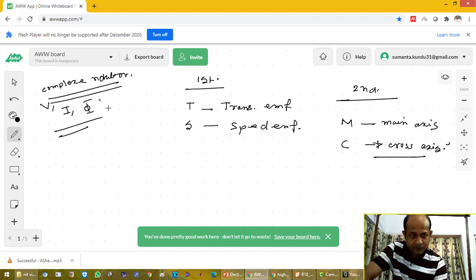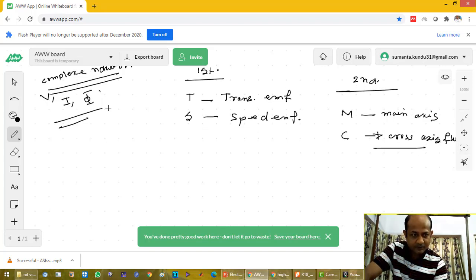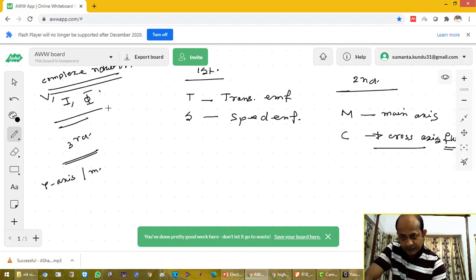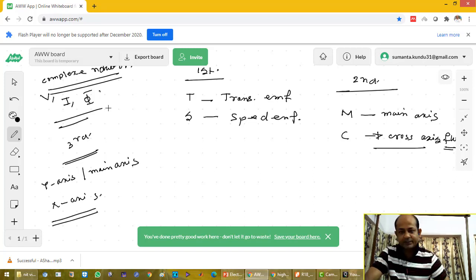Third, remember the EMF producing current effect on the main and cross axis, that is the y axis, known as the main axis, and the x axis, the cross axis. So these three we have to remember: T, S, M, C, Y, X.